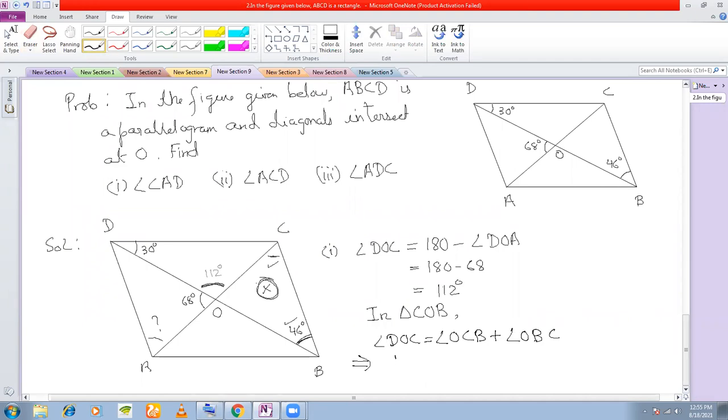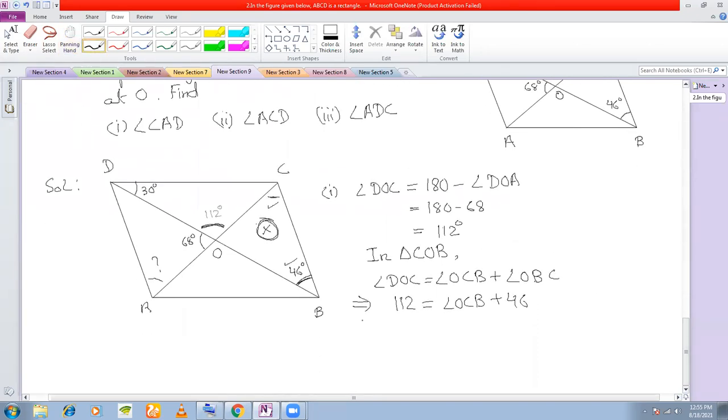How much is angle DOC? 112 is equal to OCB, which we have to find out, plus OBC, which is 46. Therefore, how much is this angle, angle OCB? 112 minus 46.